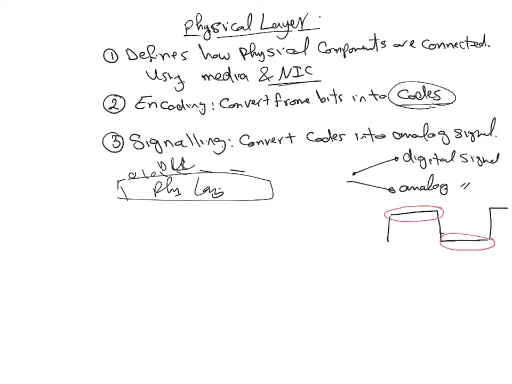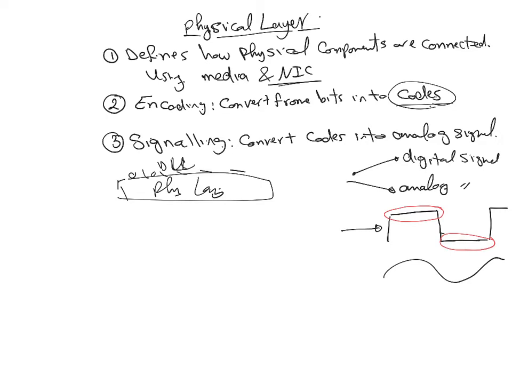Whereas an analog signal looks like this. It does not have a fixed value in a time duration. It has a variable voltage level, like a sine or cosine. So the code is a generic term depending on the application. In most applications, especially in digital communication, codes are some form of digital signal.